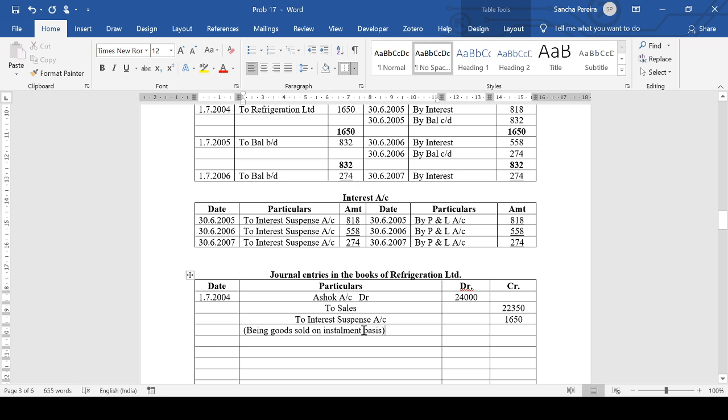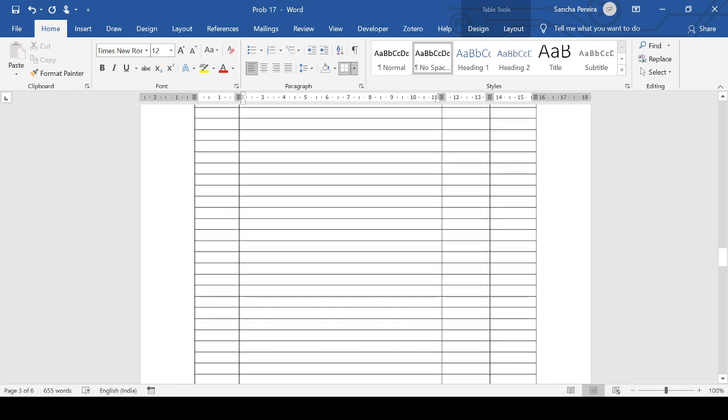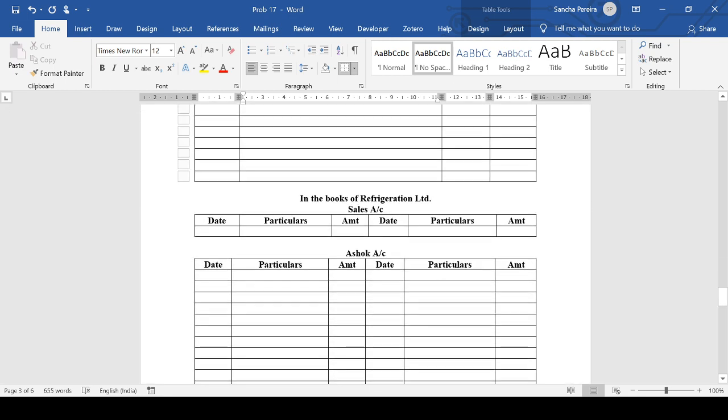So now we need to post this in the ledger accounts as well. Ashok account debit to sales to interest suspense account. First we have sales here: on 1st July 2004 by Ashok 22,350.